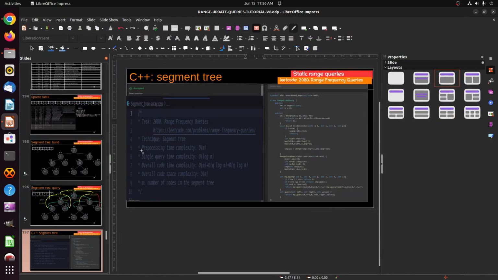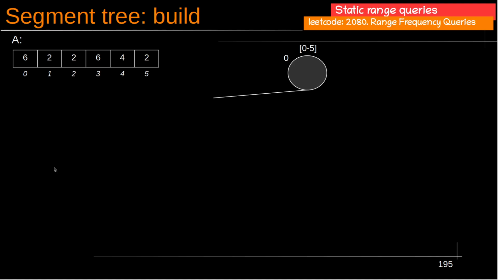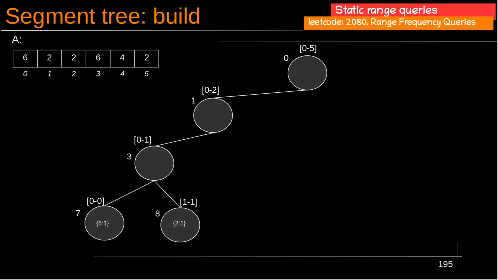If we come back to the build animation here, as you see, when I have a leaf, the data in the leaf is known because it will contain just one element of the array. On that node, from 0 to 0 we have only 1, 6, and on that node, from 1 to 1 we have only 1, 2.